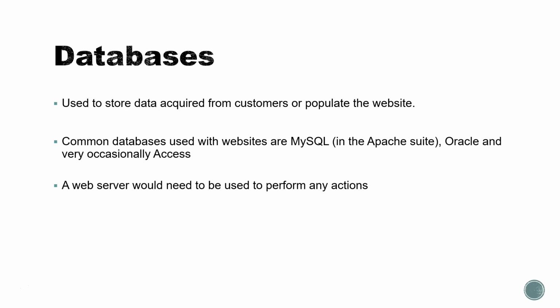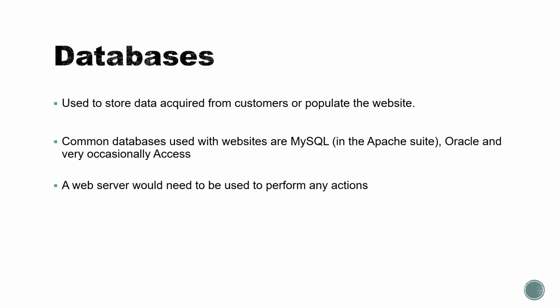Oracle, and very occasionally Access, is a very basic database. Generally, if you have quite a lot of files stored on it, you wouldn't actually use it, but it does the job on occasion. And you need a web server to be able to actually do any of that, because if you just use the standard web language, which is HTML with CSS, cascading style sheets, basically HTML is the way it's structured, CSS is the way it looks, and we'll cover it in more detail later on in the course.